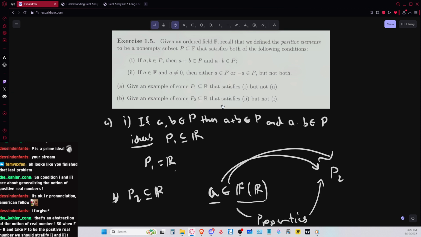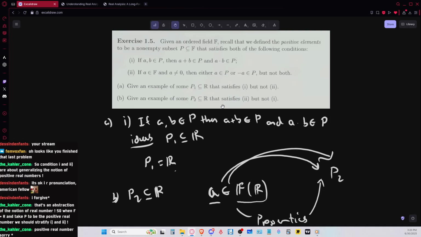That's an abstraction of the notion of real numbers. So when F is equal to R and take P to be the positive real numbers, it should satisfy condition 1 and 2, positive real numbers. Okay, no problem. Yeah, I know you're trying to explain it and I'm not getting it.